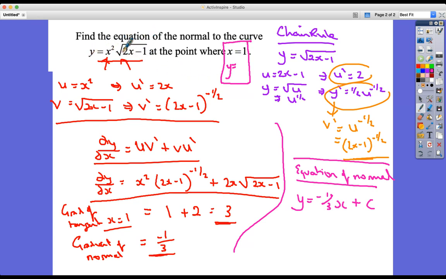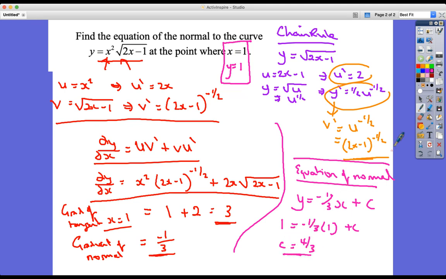So 1 goes in here, it's 1 squared, that's 1. 2 times 1 minus 1 is 1. Square root of 1 is 1, so it's just 1 times 1, which is 1. So 1 goes in here, and we get 1 equals minus 1/3 times 1, add c, and so c is 4 over 3.